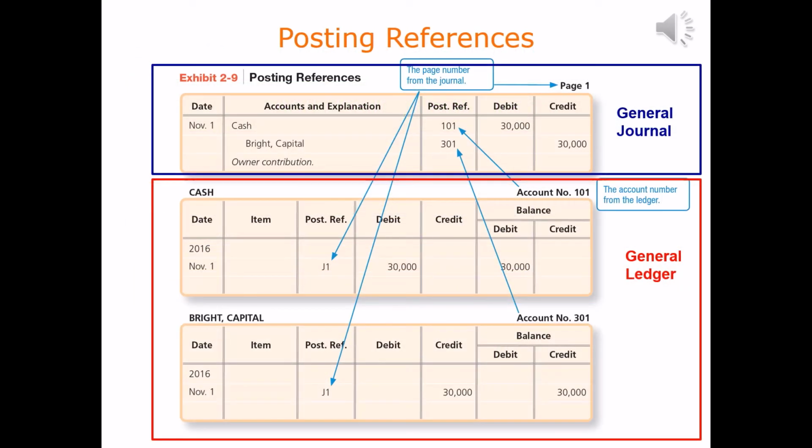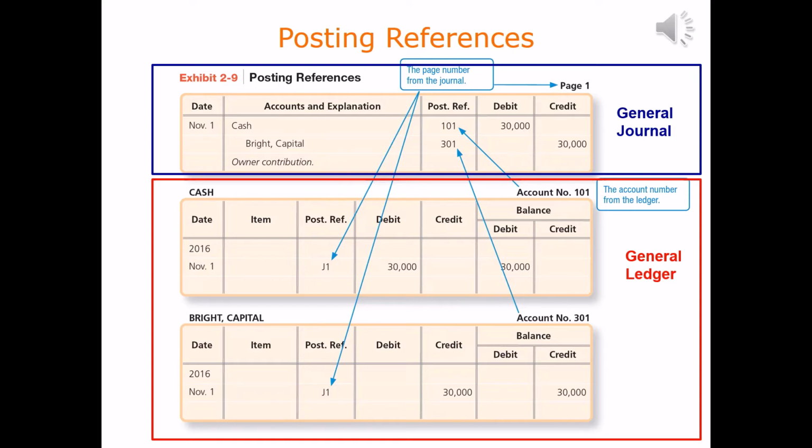Let's look at it all together. Our posting process takes journal entry amounts and transfers them to the actual accounts. The journal entries are written in a book called the General Journal. All of our account ledgers are in a book called the General Ledger.